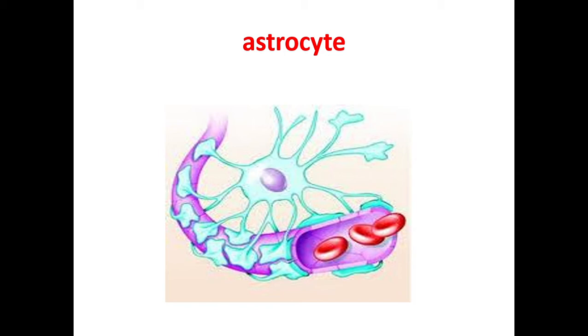We have here an illustration of the astrocyte, the star-shaped neuroglial cell. I would like you to focus at the end of the processes of the astrocyte, the expanded structures which are associated with blood vessels.